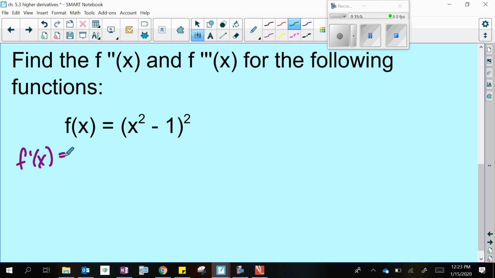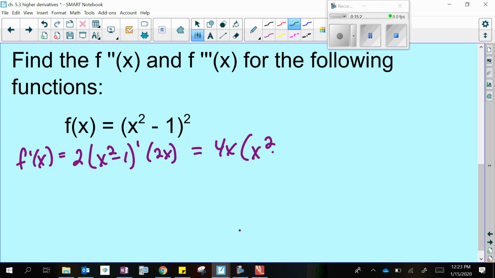Bring 2 down, and then keep the parentheses, put it to the first, and then multiply by the derivative of the inside, which would be 2x. Then I simplify all that, and I get 4x times x squared minus 1.